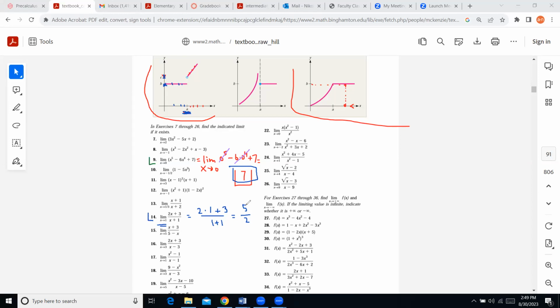But the issue happens when you have the problems that follow, and I can try exercise like number 19, for example, because if you try to replace x with a 5, you're going to end up with 5 squared minus 3 times 5 minus 10 in the numerator, which is actually 0, right? And the same 0 will be in the denominator.